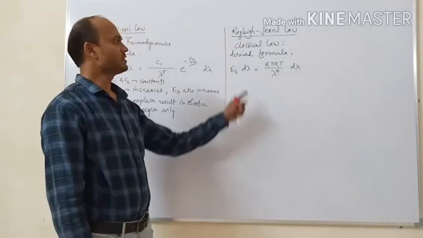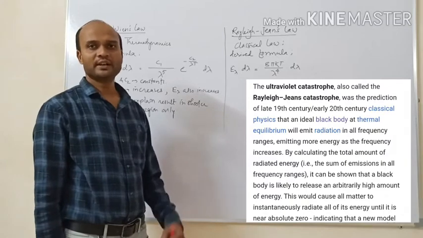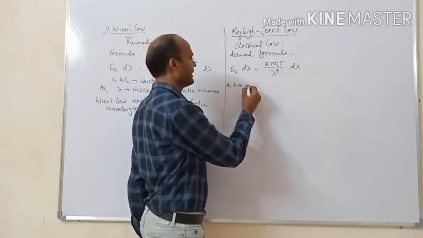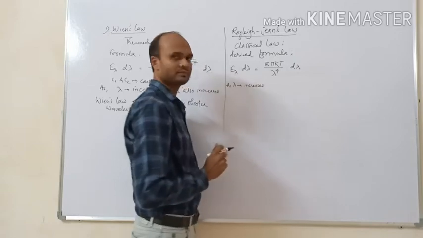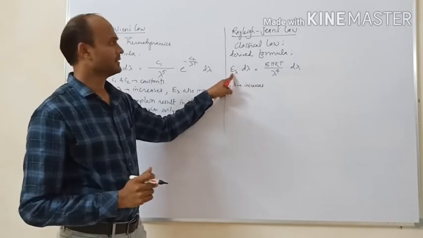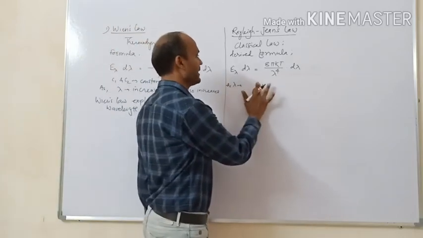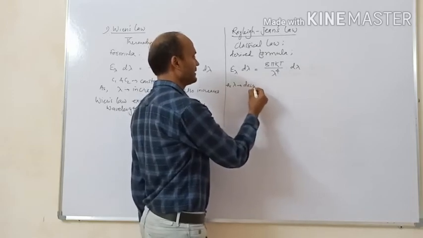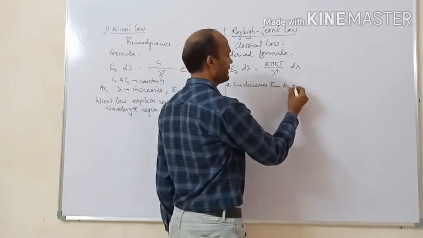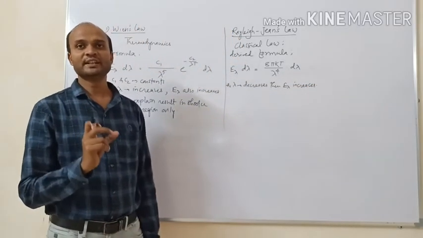So this is Rayleigh-Jeans formula, and now by using it we can explain the black body radiation spectrum. But from this formula it is observed that as lambda increases, then E lambda decreases, because it is inversely proportional to the fourth power of the wavelength. Or in other words, as lambda decreases, E lambda increases continuously.